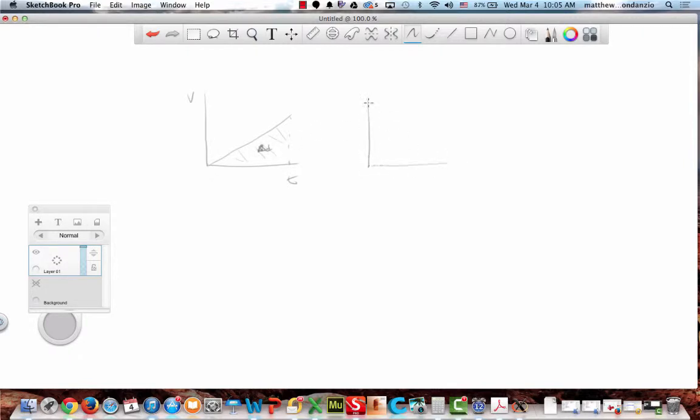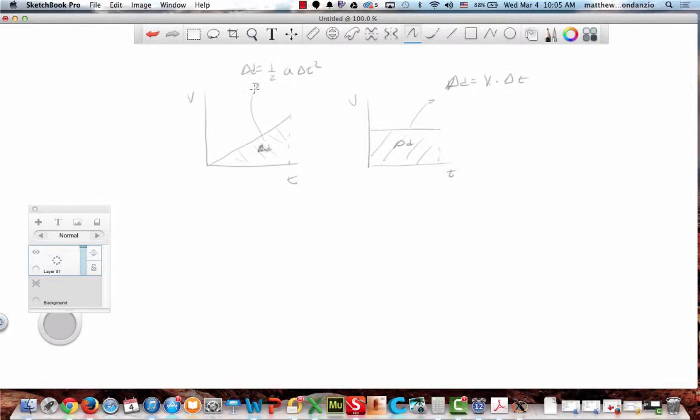If I'm going a constant velocity for a certain amount of time, 50 miles an hour for an hour, I'm going to cover 50 miles. So delta D for constant velocity is V times delta T. Delta D for acceleration was 1/2 A delta T squared.